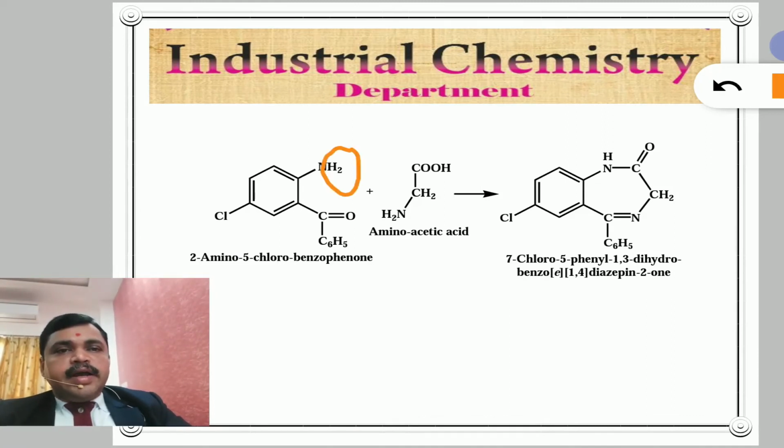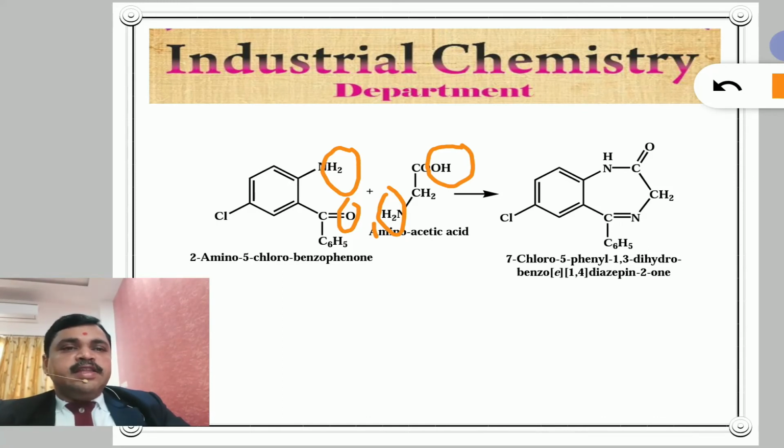One hydrogen atom and one OH from here remove H2O, and the oxygen from here and 2 hydrogens from here remove another H2O. We remove 2 moles of water molecules and we get 7-chloro 5-phenyl 1,3-dihydrobenzo[e] 1,4-diazepine 2-one.